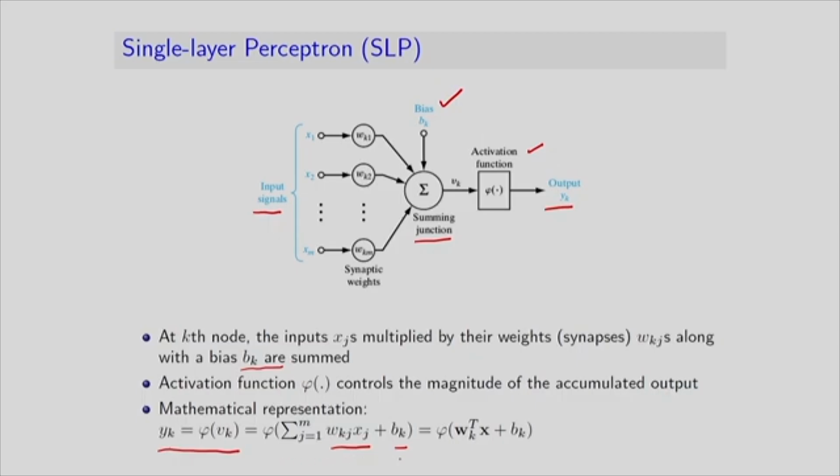This is the mathematical representation, and in vector form I can write it as w transpose x, the dot product, plus bk, where bk is the bias input. So this is the concept of the single layer perceptron.